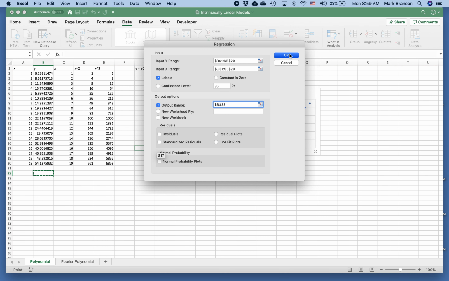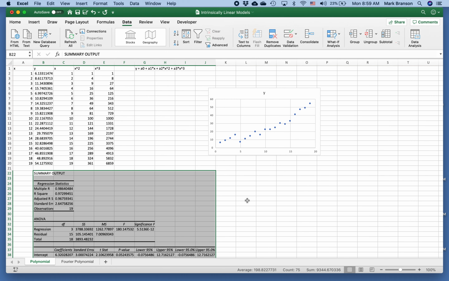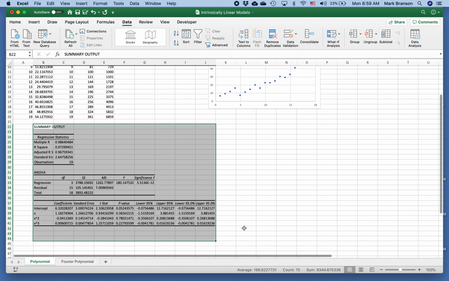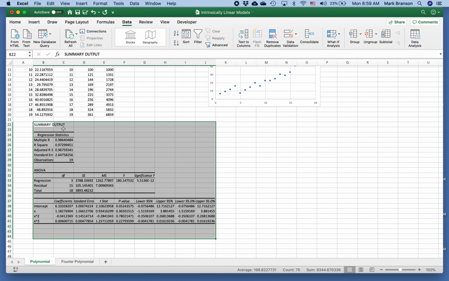Once I do that, I get this summary output table, which is pretty intense. You can see there's a bunch of statistics. One of them is the r squared value, 0.972. That's saying that we're catching 97.2% of the variation in our regression.